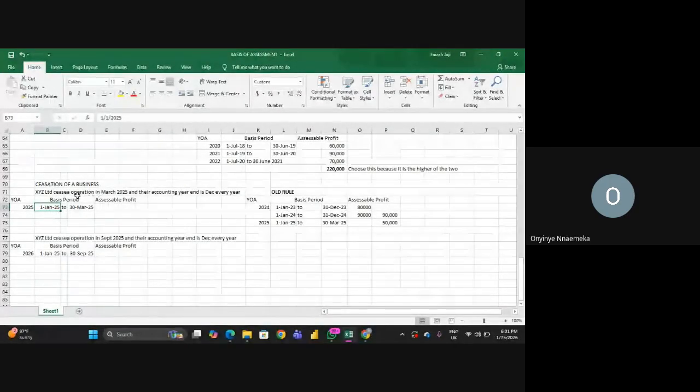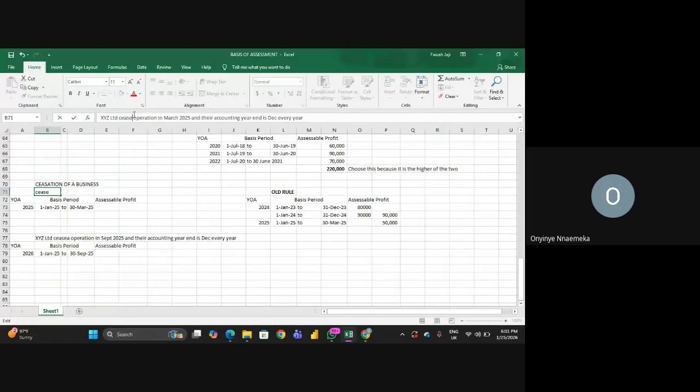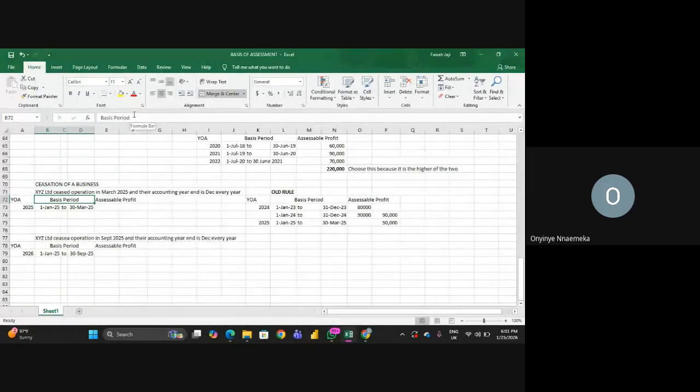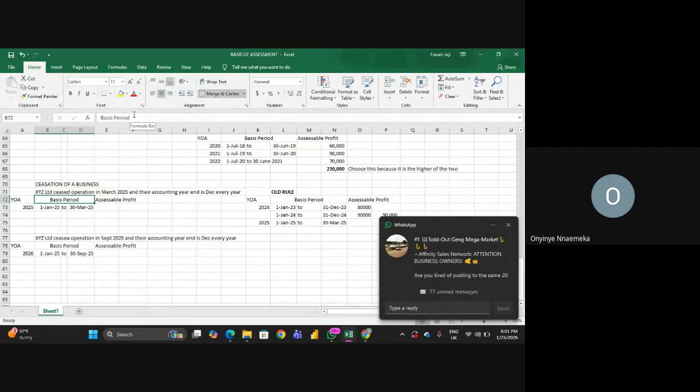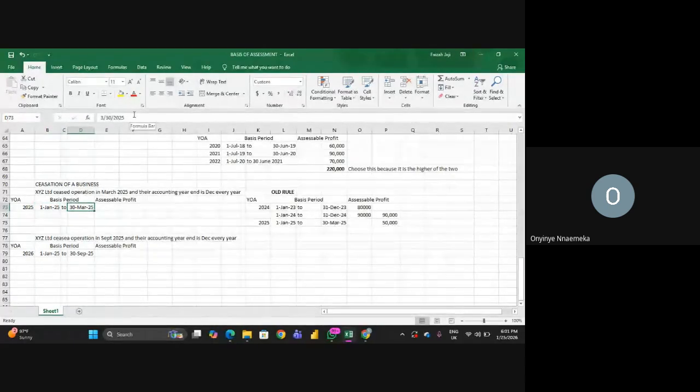This company ceased operation in March 2025. The accounting year is January to December every year. So the rule says the beginning of the accounting period to what? To the date of cessation.